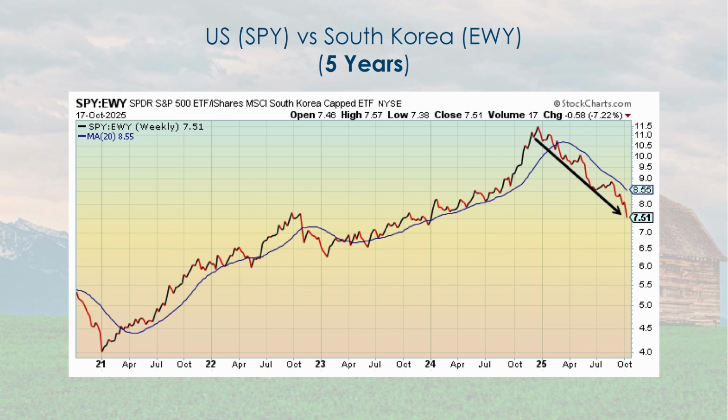This is the stock market. The S&P 500 as a proxy for the U.S. market compared to, on a relative strength basis, EWY, which is the proxy for the South Korean market. When you look at this from the beginning of the year to present, it has gone down, and one of the sharpest declines was this past week. It has been going down and down and down.